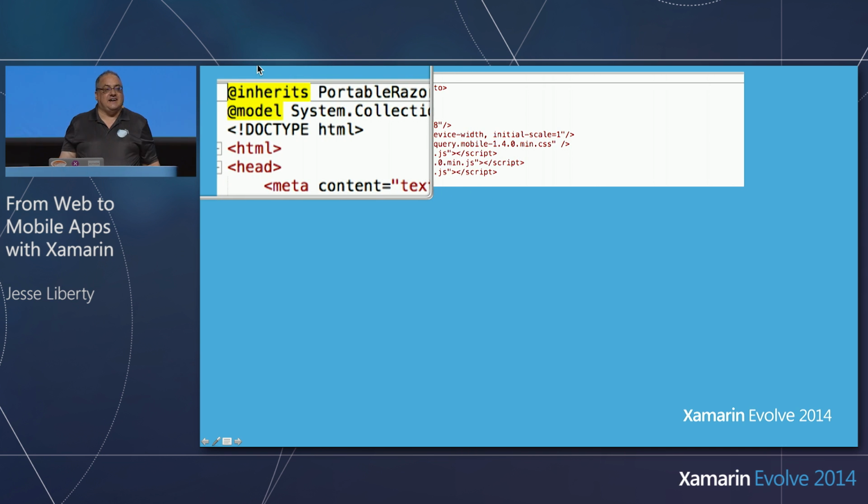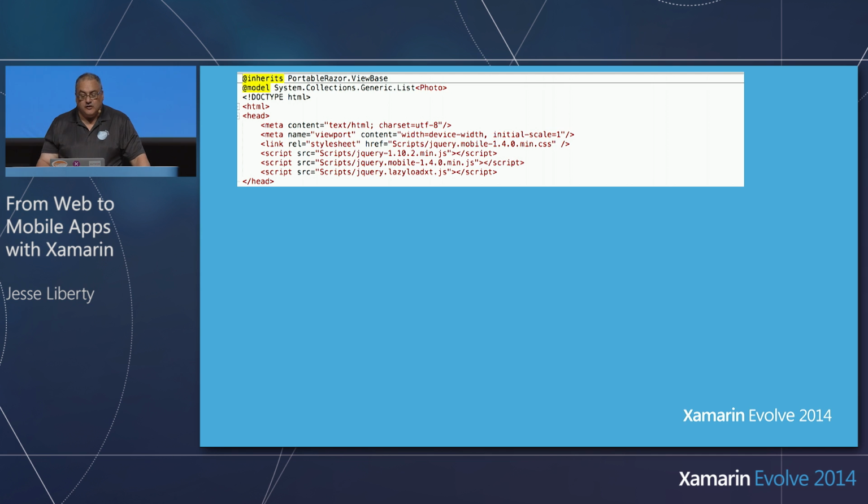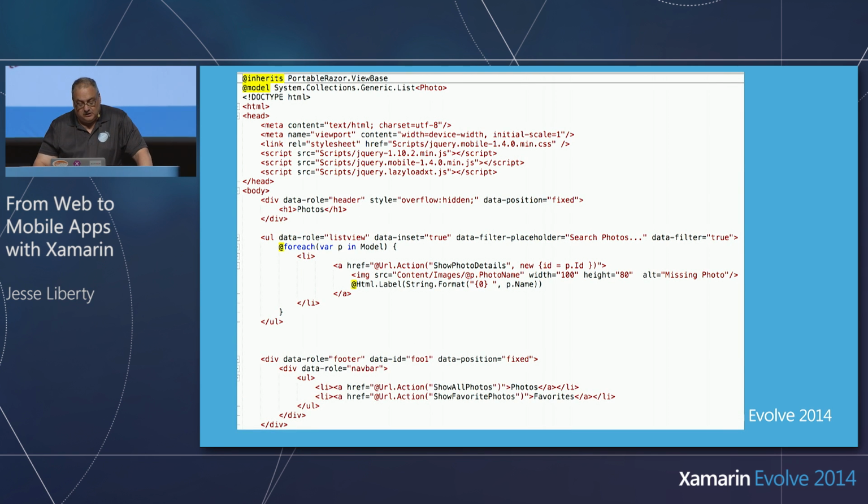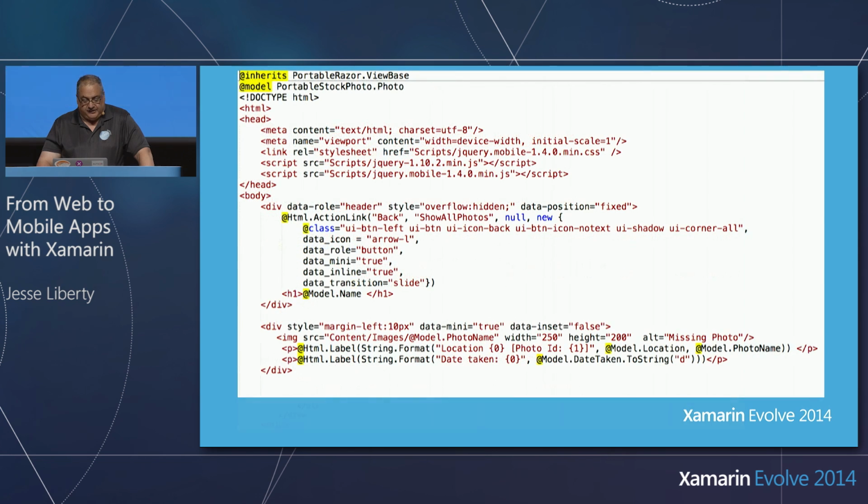That's the only thing I have to do to the entire CS_HTML file to make this work. Otherwise, this file is exactly identical, including the URL actions that take me back to the controller. And the same is true of my other view.